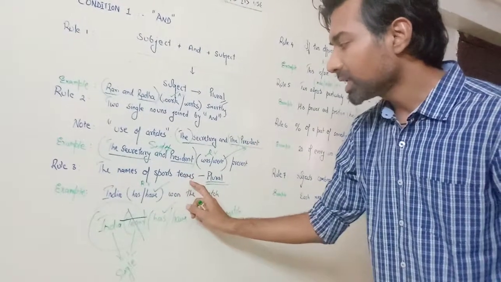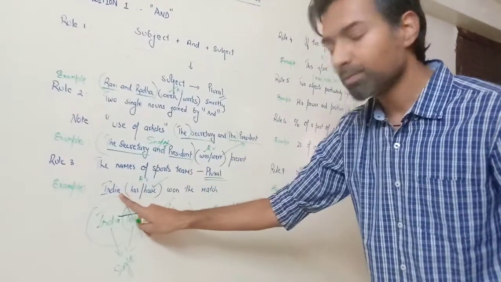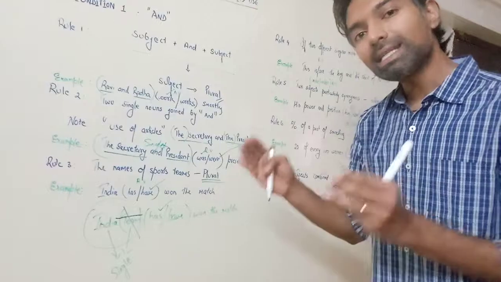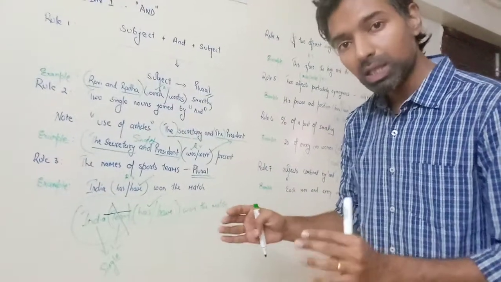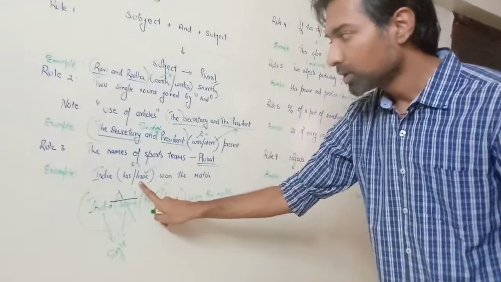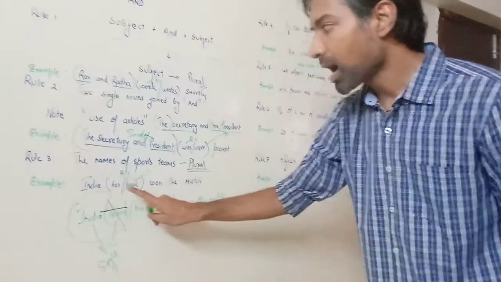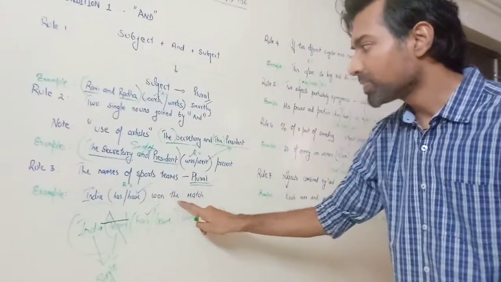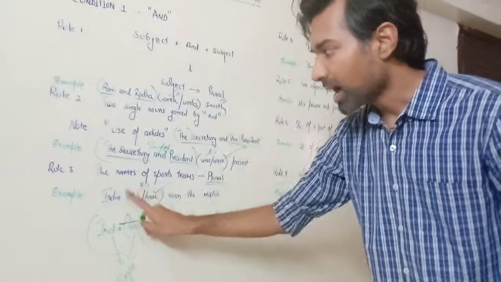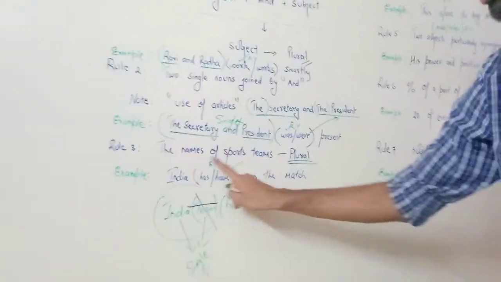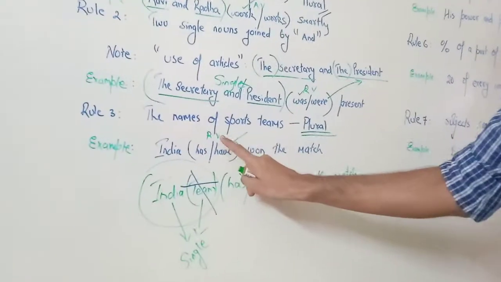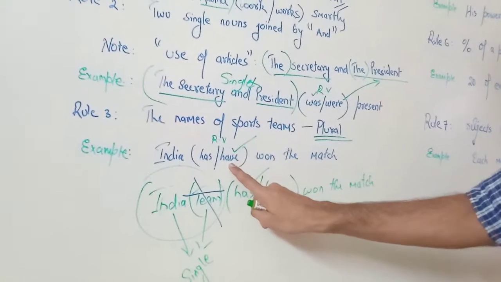So if I have the name of a sports team, India, I will only take India in the sentence with the verb as part of the predicate. So the sentence becomes India have won the match, out of which if I had to choose the relative verb, I would go with plural.